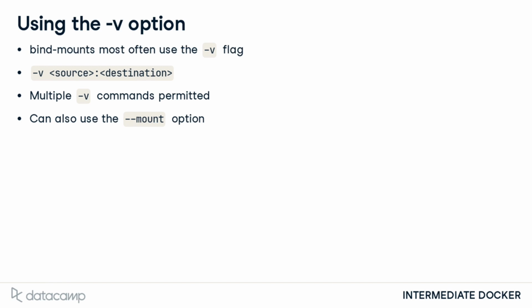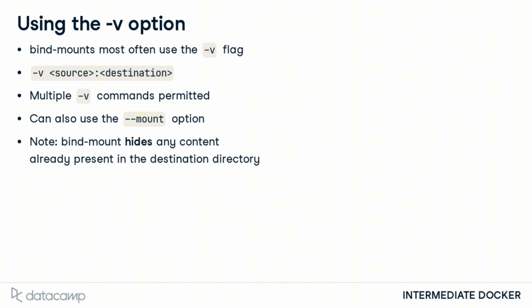One note is that a bind mount will hide any files or subdirectories that exist within the container. In other words, if we bind mount the /data directory to /home/mydata, anything present in /home/mydata in the container image is not accessible. Here are two examples of using bind mounts. The first is an Nginx web server container attaching the host's /html directory to the /var/www/html directory within the container.